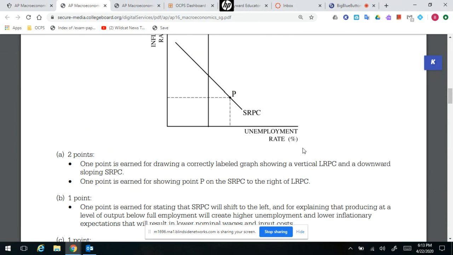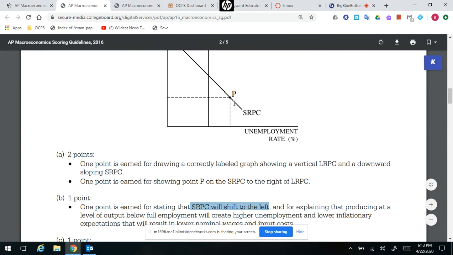If there's a decrease in unemployment, a decrease is a down or a left of unemployment, that means there's going to be a left shift of the short run Phillips curve. AS moves the Phillips curve. AD would move the dot along the Phillips curve, but AS moves the entire curve.